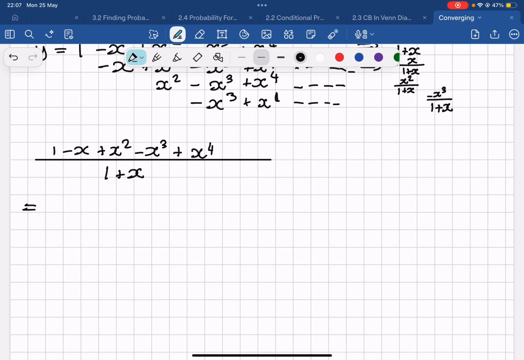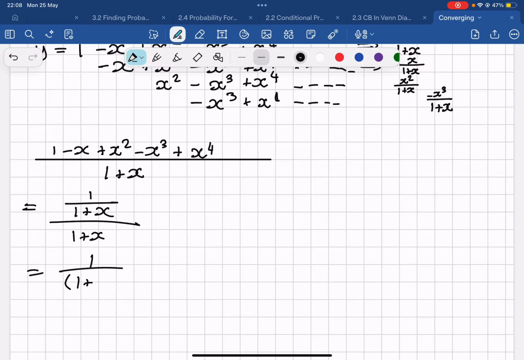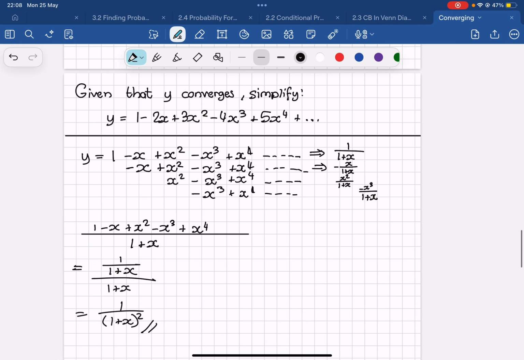Now realize that this numerator is just another sum to infinity with first term 1 and common ratio minus x. So we have 1 over 1 plus x on the top, and that's all over a denominator 1 plus x. So that just becomes 1 over 1 plus x all squared. Same answer, just a different way of going about it.